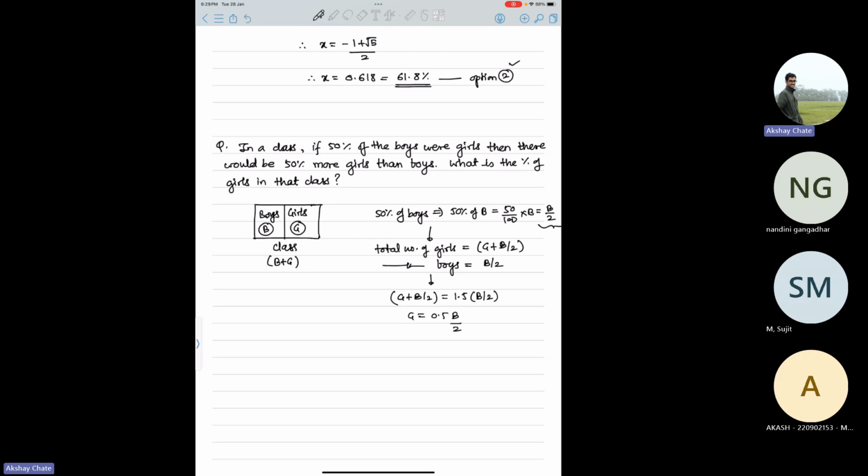There is some mistake here. Let me just see the statement if I have written it correctly. G plus B by 2 is 1.5 times B by 2, correct?